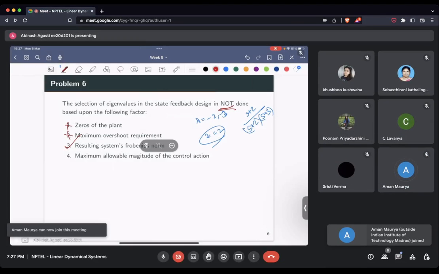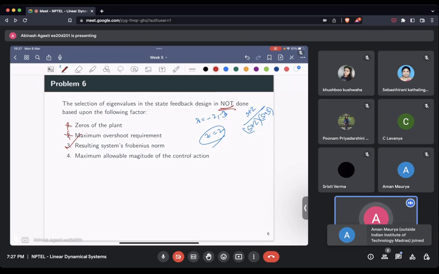Then, should we consider the maximum allowable magnitude of the control action? This is also a necessary thing. We should be careful that we are not placing the desired eigenvalues too far away on the left hand side on the negative x-axis, so that a lot of demand is placed on the control action.